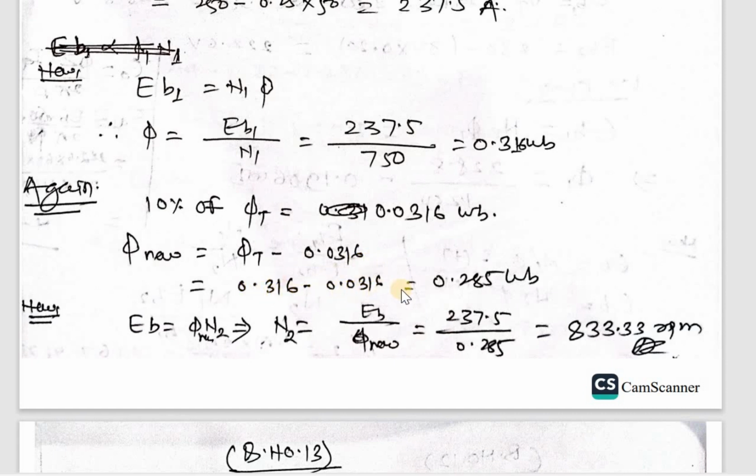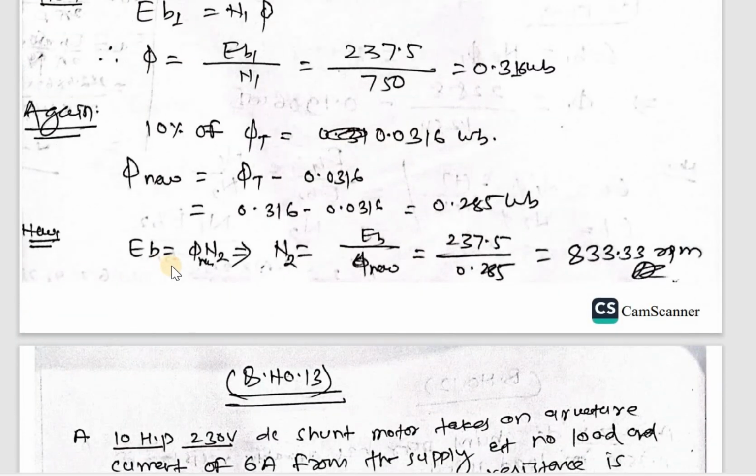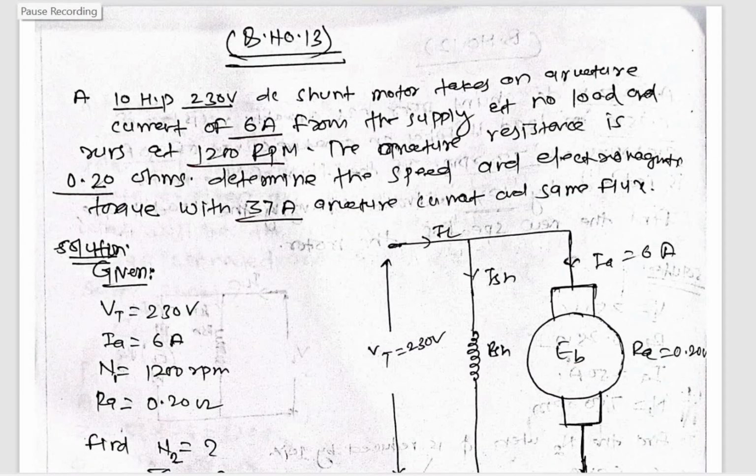So 0.316 minus 0.0316 is 0.285 weber, and Eb equal to phi new into N2, so N2 equal to Eb upon phi new, that is 237.5 upon 0.285, which is 833.33 RPM.